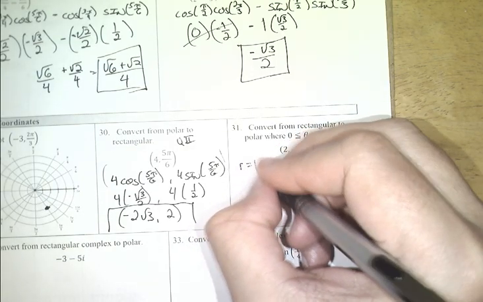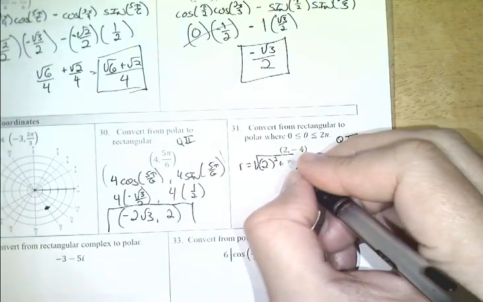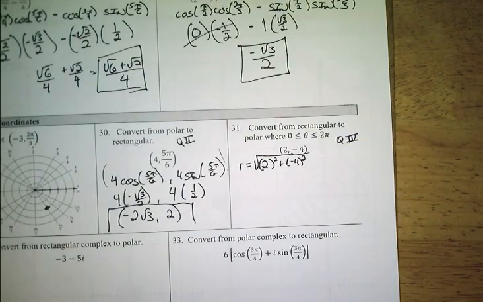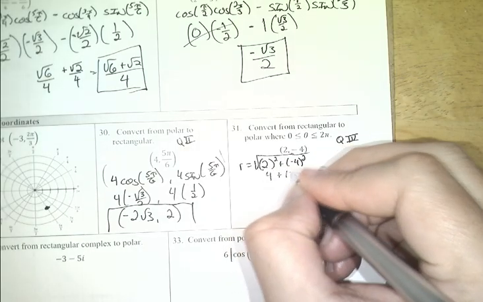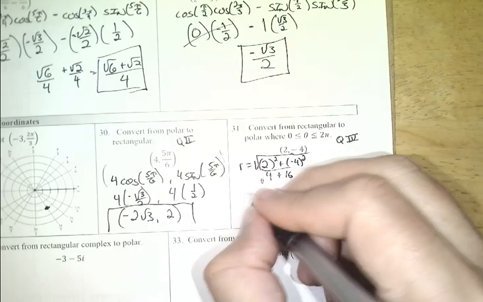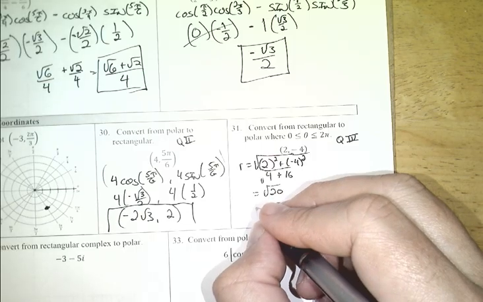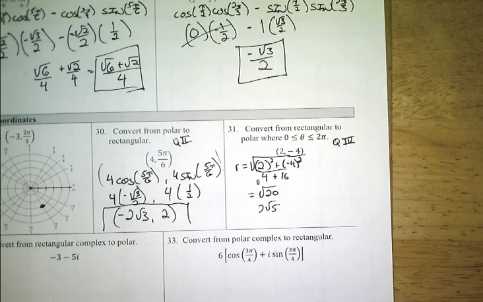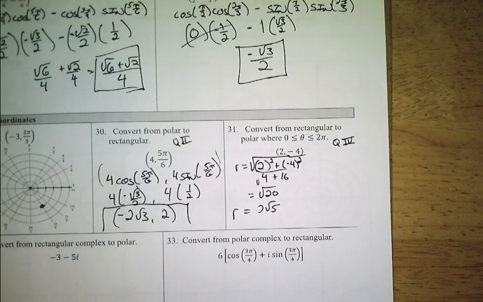R is equal to the square root of 2 squared plus negative 4 squared. It's the Pythagorean theorem. So 2 squared is 4 plus 16, the square root of 20. We can factor out a 4, so we get 2 square roots of 5. R is equal to 2 square roots of 5.